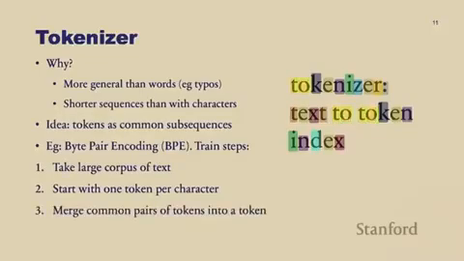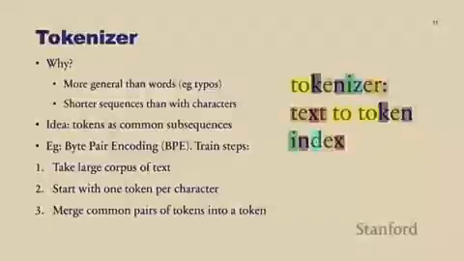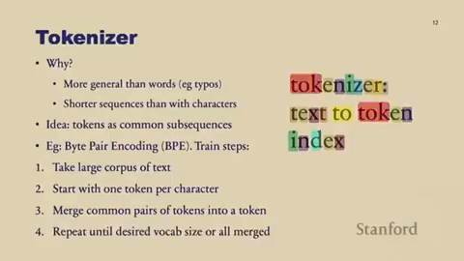And then you go through your text, and every time you see the most common pair of tokens, you merge them. So here you see 3 times the tokens T and O next to each other, so you say this is a new token. And then you repeat that. So now you have TOK, which happens 3 times, TOK with an E, which happens 2 times, and token, which happens twice, and then EX, which also happened twice.